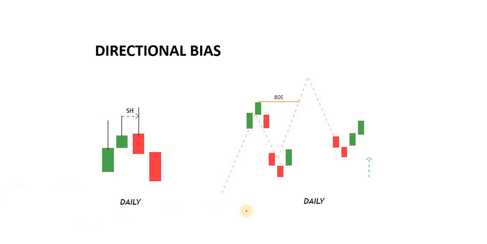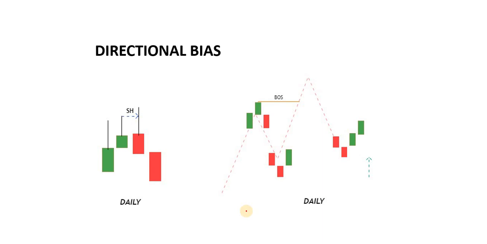The second method is what I would term the swing high and the swing low break method. Firstly, if you want to define a swing high or a swing low, we need 3 candles. Okay, and out of those 3 candles, we are focusing first of all on the middle candle or the second candle.